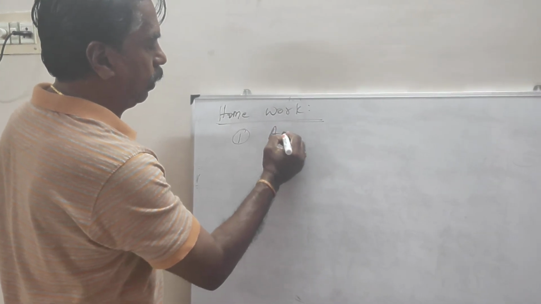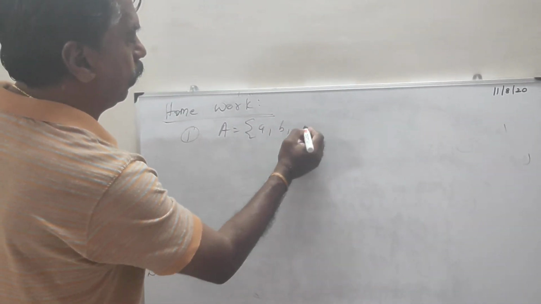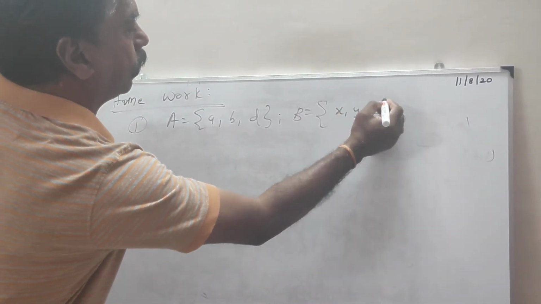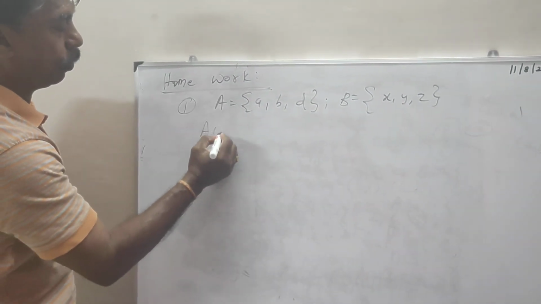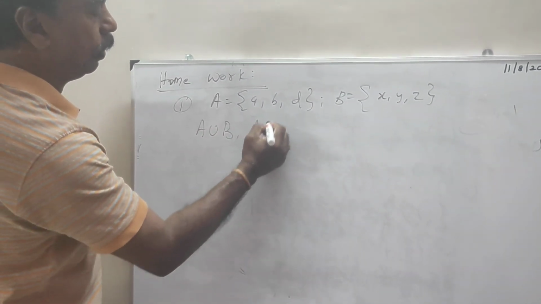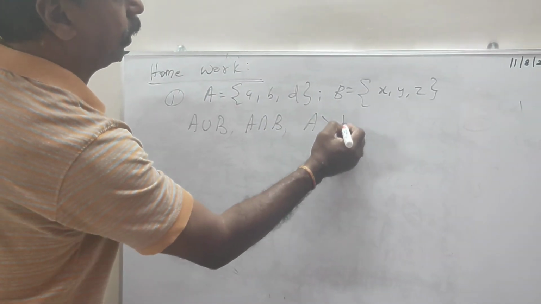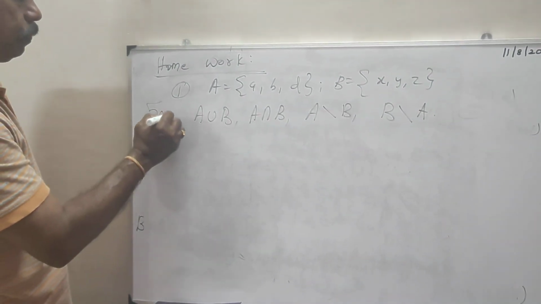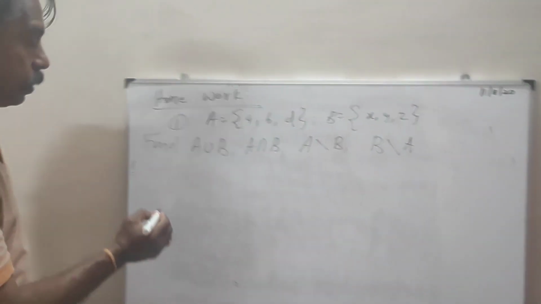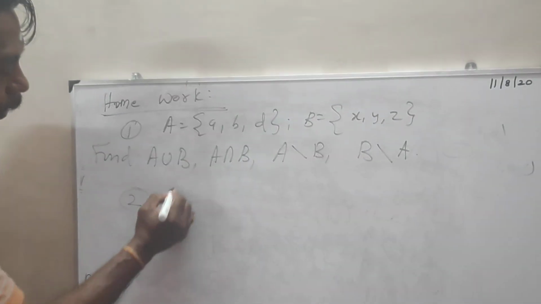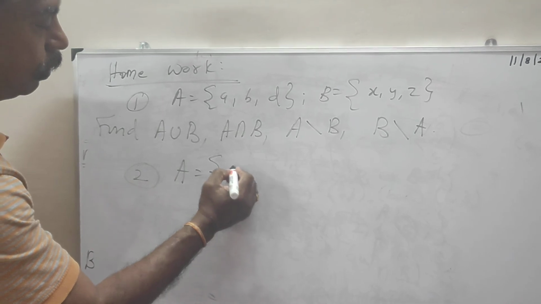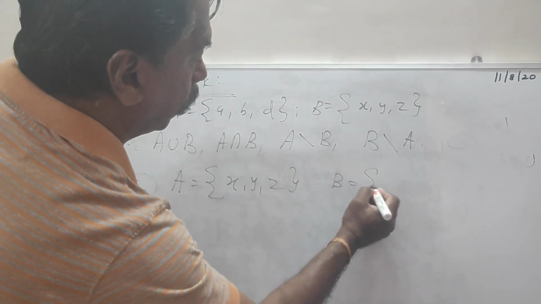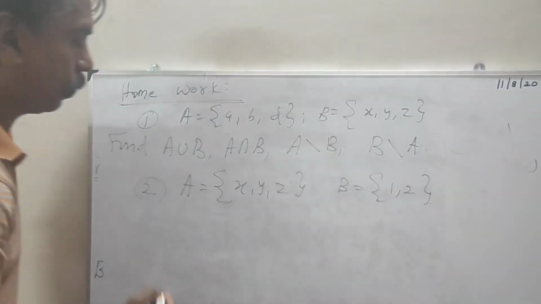First sum: A is {A, B, D} and B is {X, Y, Z}. What we have to find is A union B, A intersection B, A slash B, and B slash A. You find it. Then the second question: A is {X, Y, Z} and B is {1, 2}.